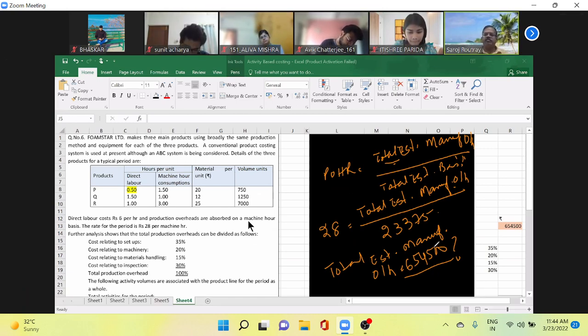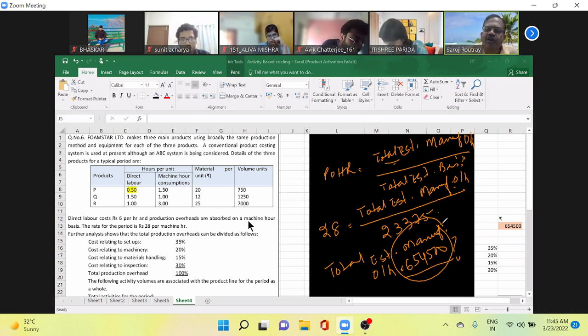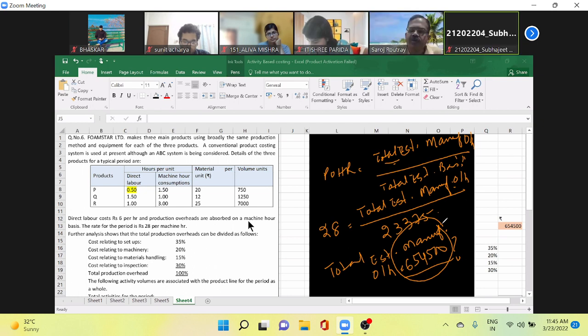Why do we need this total estimated manufacturing overhead? If you recall the first class of costing, we divided the different overheads into 4 cost pools: travel, pickup and delivery, like that. Similarly, if you don't know the overhead, how can you divide it into different cost pools?